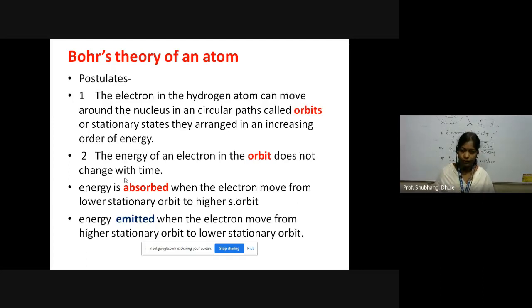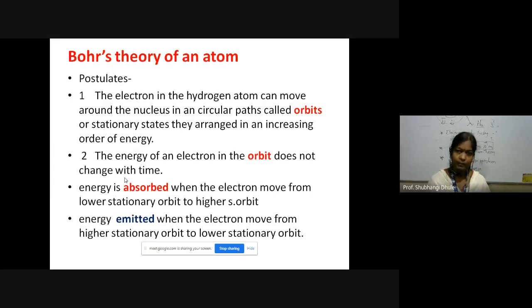As long as the electron is in the stationary orbit, it will not emit energy or absorb energy. This is the important thing in Bohr's model.